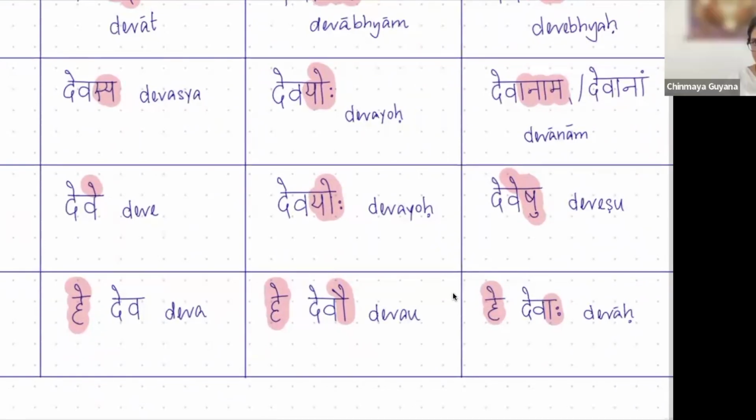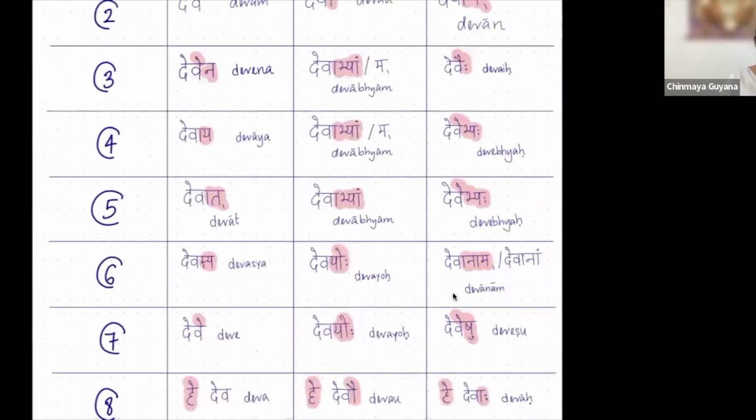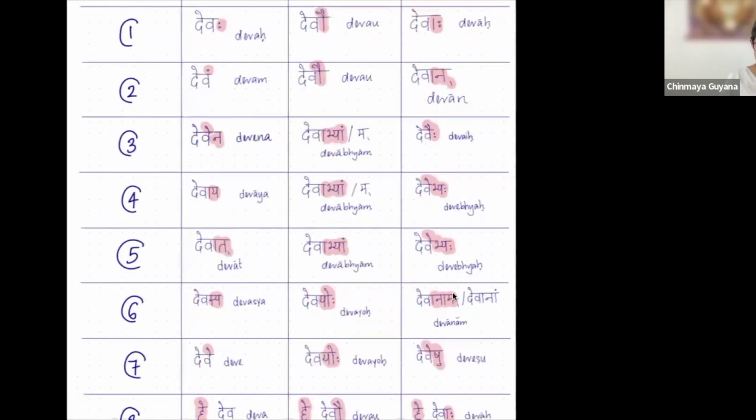Now we'll repeat it again all together. Everyone say with me. Devaha. Devo. Devaha. Devam. Devo. Devan. Devena. Devabhyam. Devehi. Devaya. Devabhyam. Devebhyah. Devat.